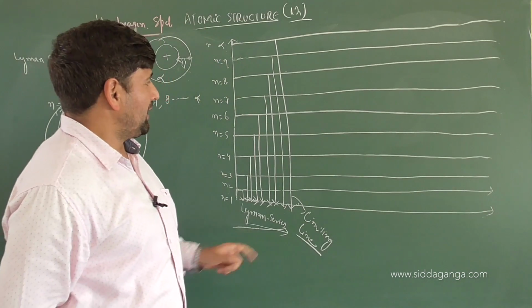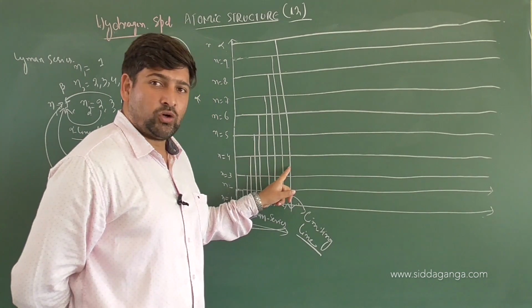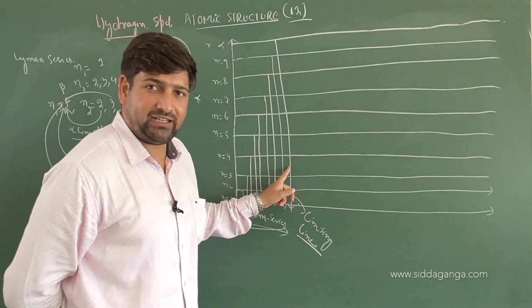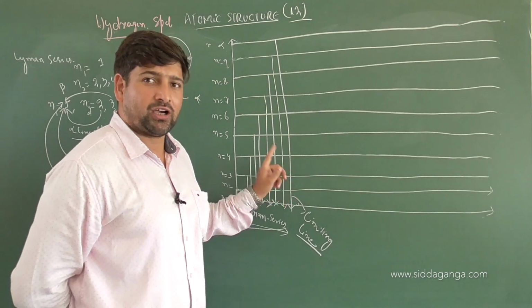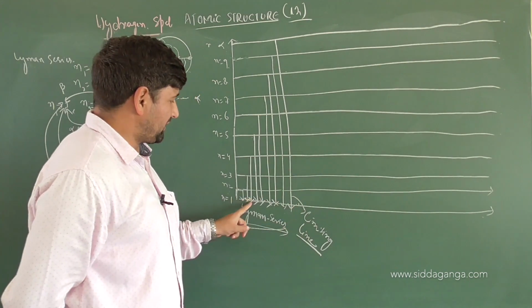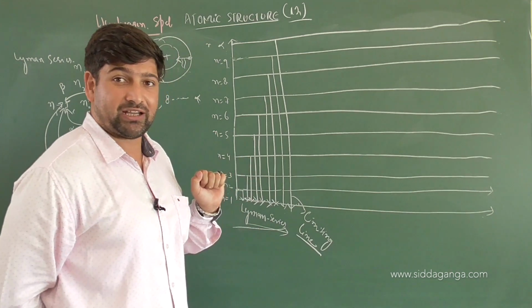That means the limiting line will have the highly energetic photon compared to alpha, beta, gamma and other lines respectively. Am I clear or not?